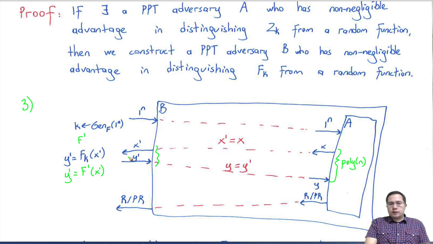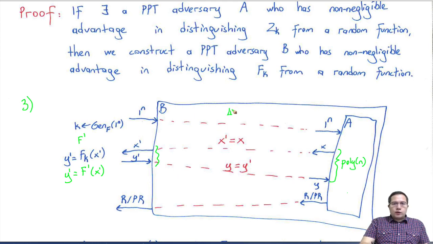So either one of these will happen, and y prime will be given to B, and B needs to guess, was the function used for computing y prime a random function or a pseudo-random function? That's what is going to happen.